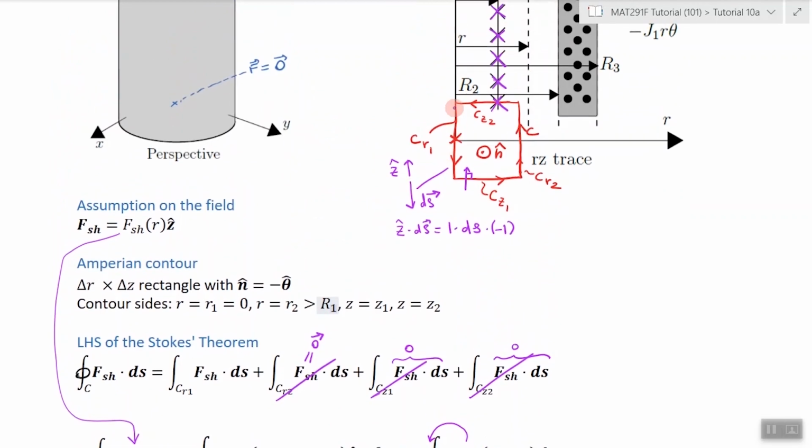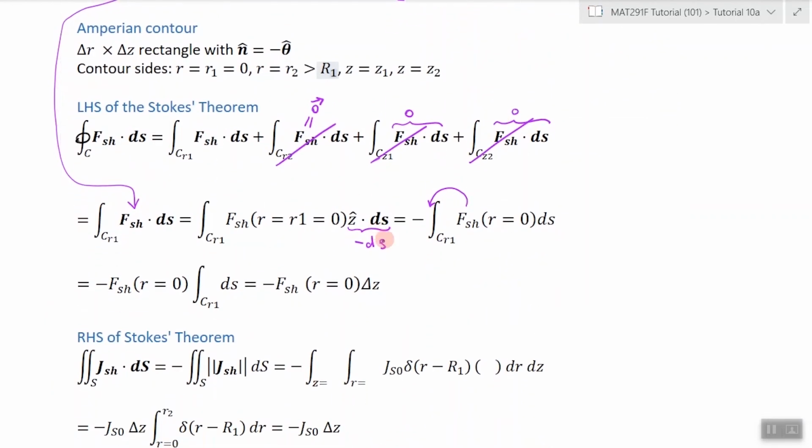No matter where we are, r just stays 0. So this guy comes out. And then we're left with this integral here, which just means the length of the portion of the contour, which is delta z. Remember, delta z was the height of the Amperian contour. So that's it for the left-hand side.